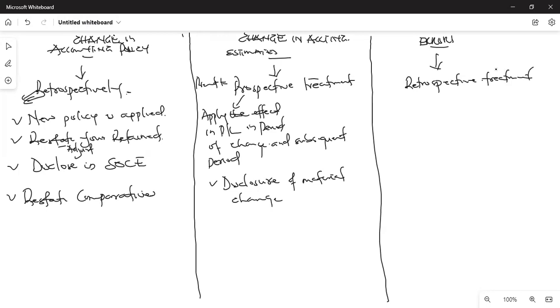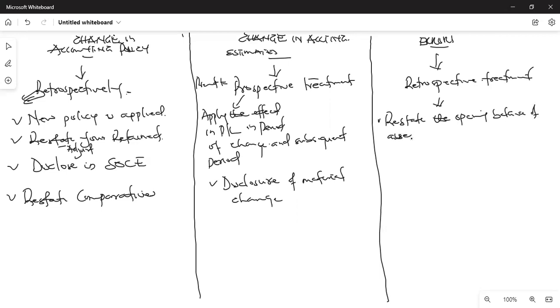And how do you go about doing that? If the error is relating to past years, then we need to restate the opening balances of the element it affected. Number one, you have to restate the opening balance of the asset if it was an asset.